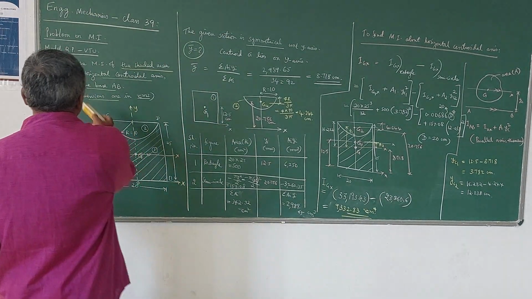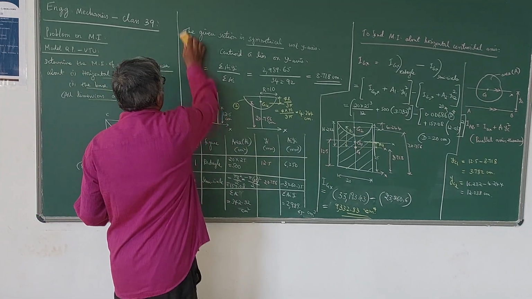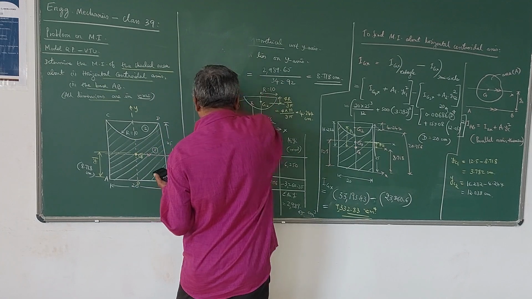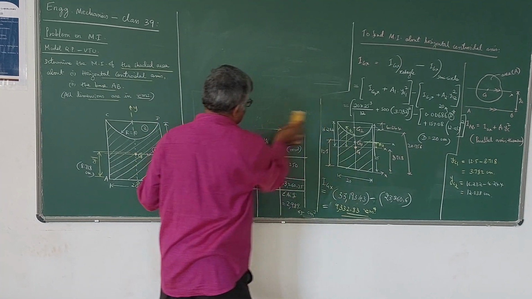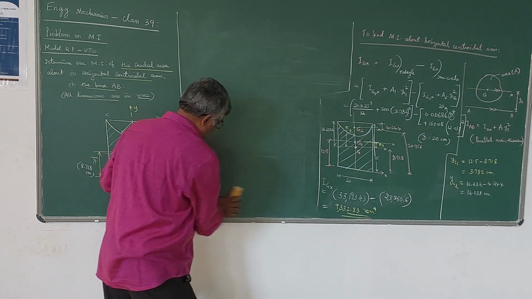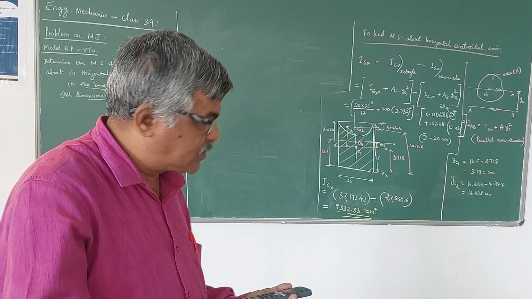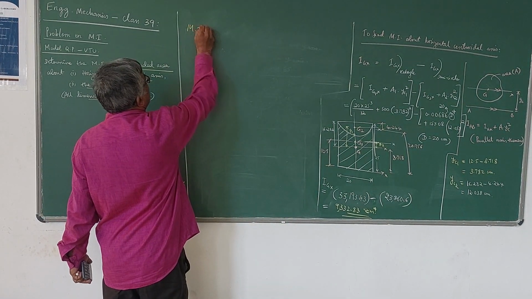Now he has asked about the base also. So to find the moment of inertia about the base, once again we need to use the parallel axis theorem between the horizontal centroidal axis GX and the base AB. So now I will find that second part, the moment of inertia about the base AB.